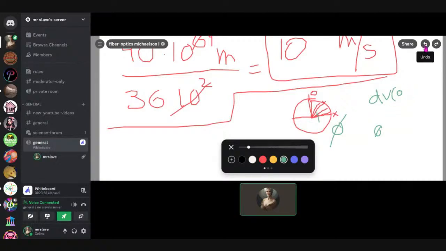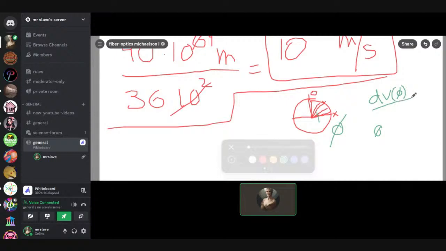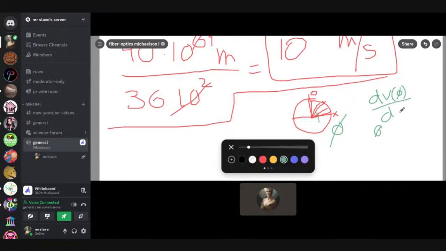The velocity, right? Let's assume there's a velocity at every point. There is a velocity relative to the ether. Velocity varies as a function of phi. So how does it vary as a function of phi?